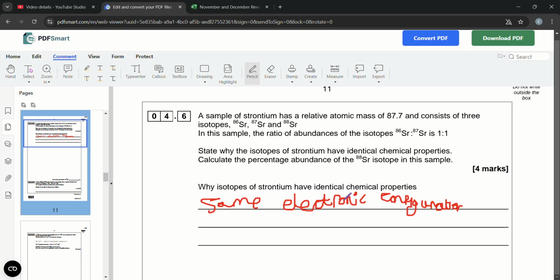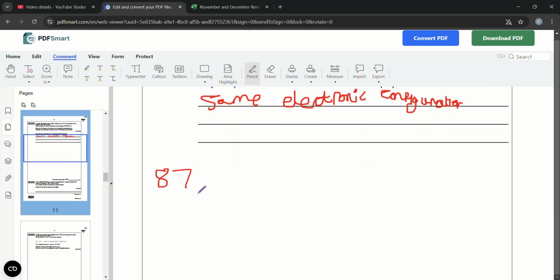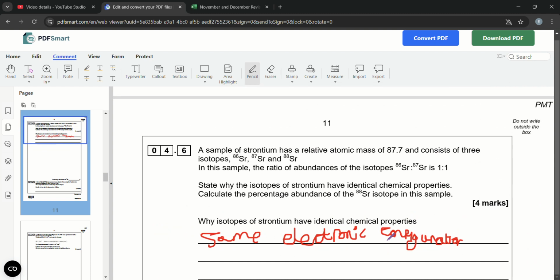So we know the relative atomic mass is 87.7. Let's get that down, is equal to something over 100, because of percentage. Now it makes it easier for us to carry on.